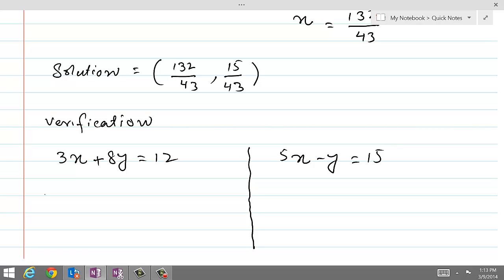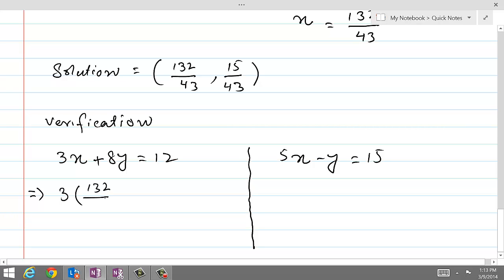For this purpose, let's replace x: 3 times 132 over 43 plus 8 times y, which is 15 over 43, and equal to 12.